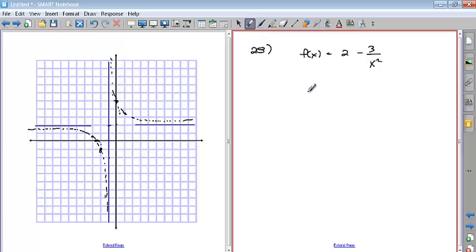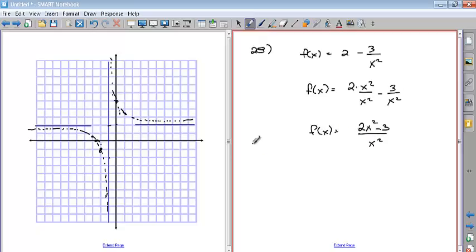So again, what you want to do is, before you do anything, you need to find a common denominator. So the common denominator will be x squared. So we took the first term, multiplied by x squared over x squared. That'll give us a common denominator. And you combine those two together, and you'll get 2x squared minus 3 divided by x squared.